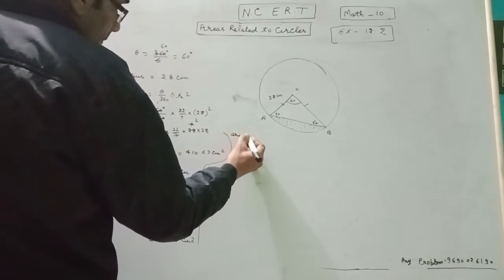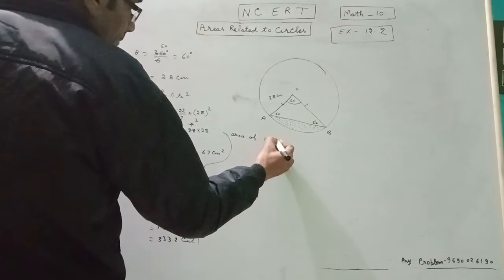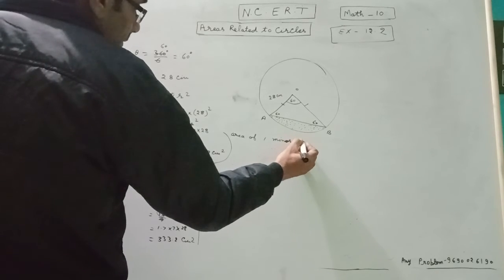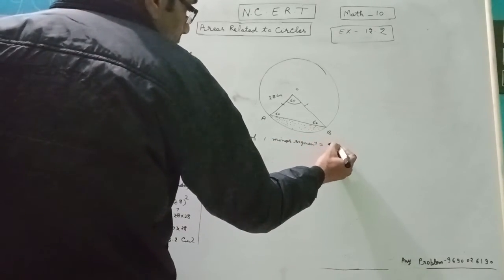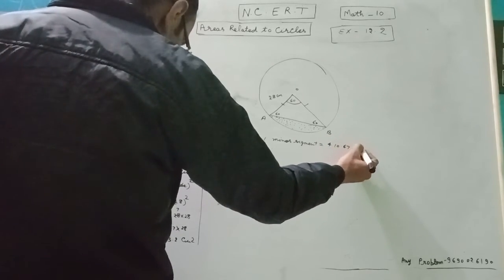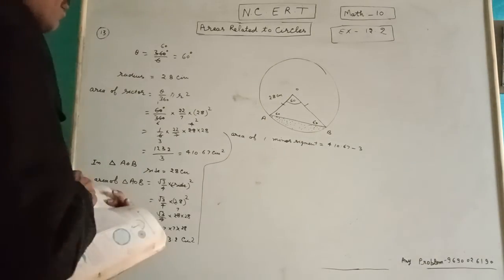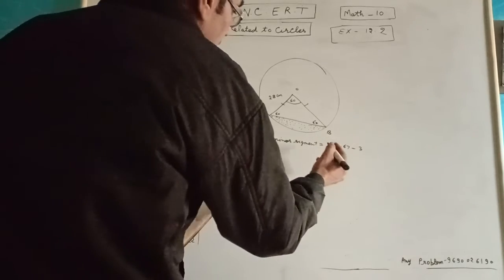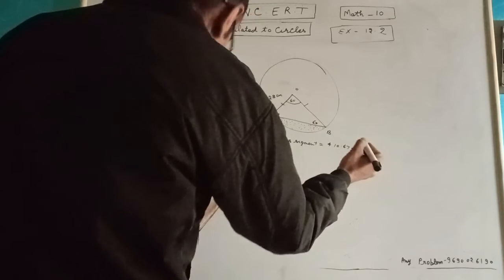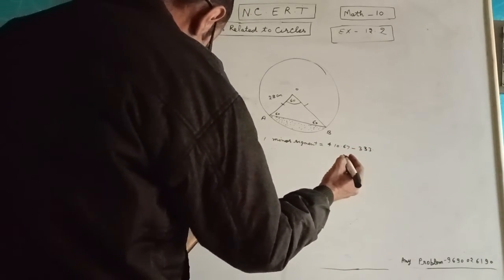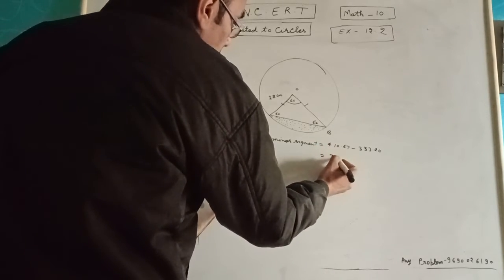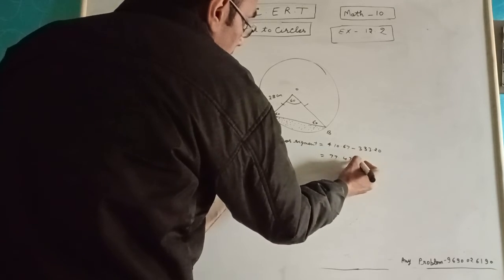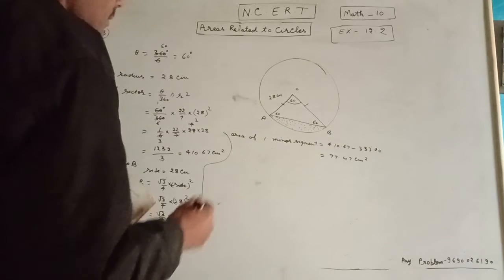Area of one minor segment is equal to area of sector minus area of triangle. After subtracting, 77.47 cm square is the area of one part.